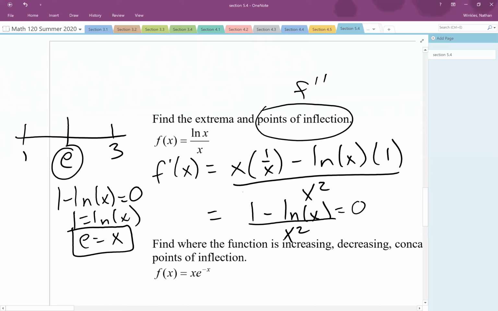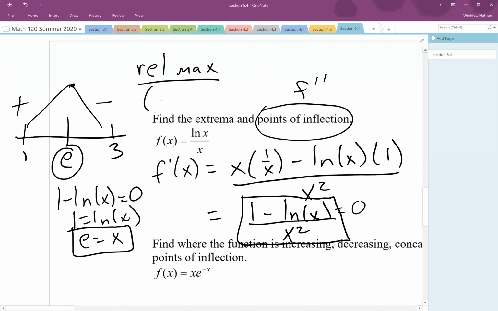So when we plug that into our derivative here, 1 minus ln x over x squared, when you plug in 1, you get positive, which means you get negative on the other side. So positive then negative means that we're going to have a relative max at e, comma, when you plug in e here, you get ln e over e, which is 1 over e.